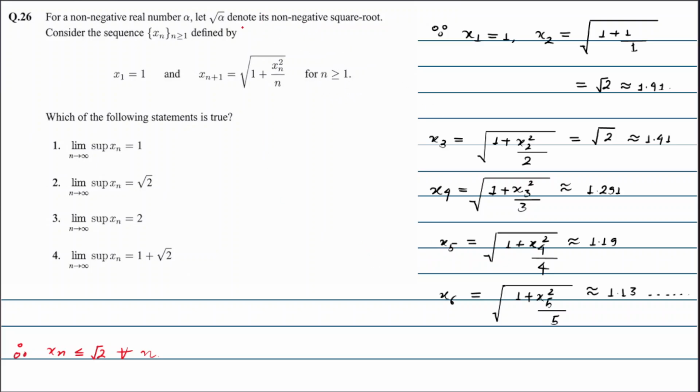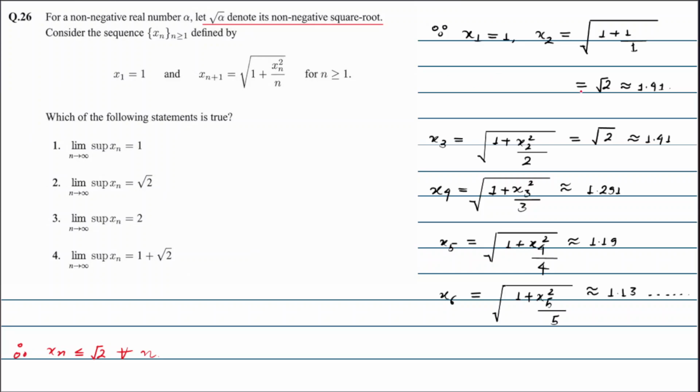Okay, so we need to know that, and we need to keep this in mind. Now if I calculate some terms of the sequence, x1 is given as 1, so no need to calculate it. So x1 equals 1, x2 is equal to root 2, which is approximately 1.41, and x3 equals this, x4 equals this, x5 equals this, and x6 is equal to 1.13.